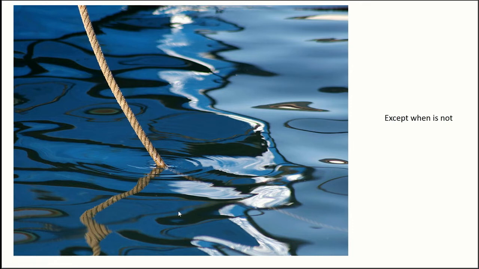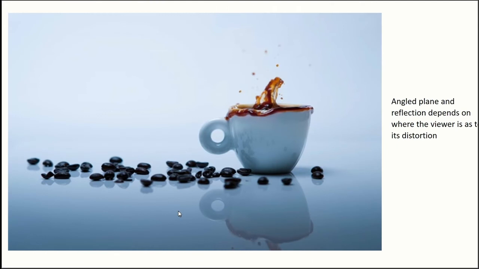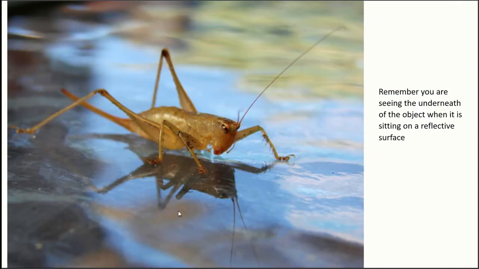So anytime you have undulating water or a plane that's undulating in some way, you're definitely going to have some differences in what you're observing. Even if it's just slightly tilted, you'll have an angled plane, then the reflection's going to depend on where the viewer is and its distortion from the angle that it's at.